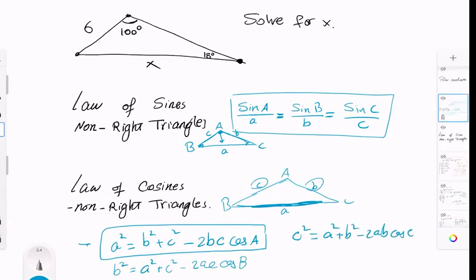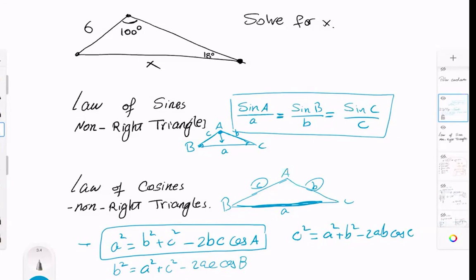So those are law of cosine. For the exam you just need to know which formula to use when you see a triangle. You went through this in the trigonometry course, so your question is not going to be challenging as long as you know the formula.